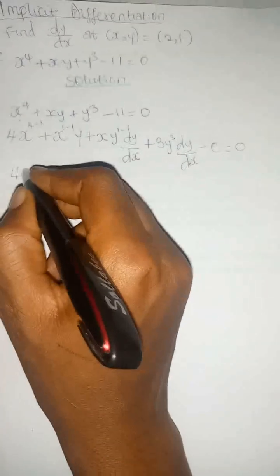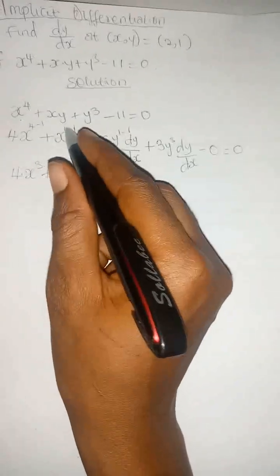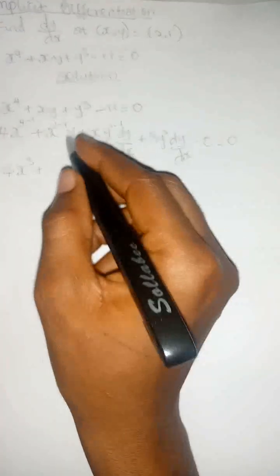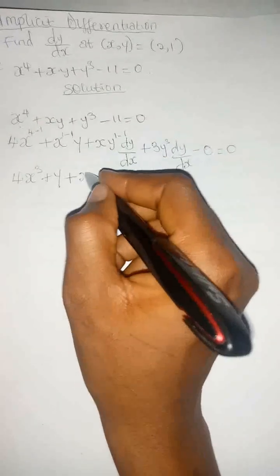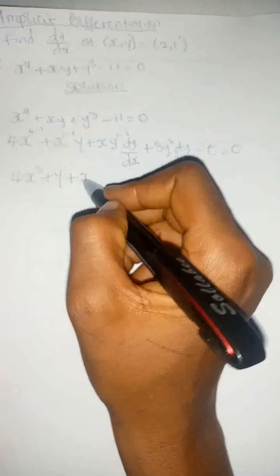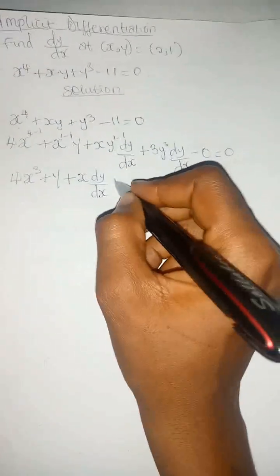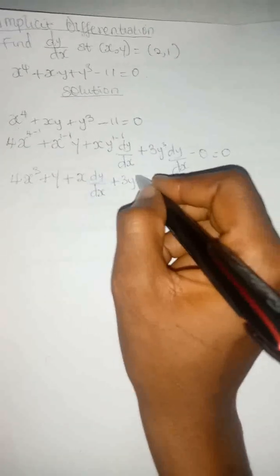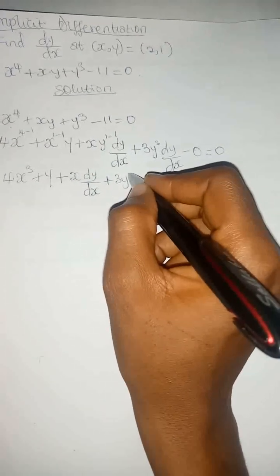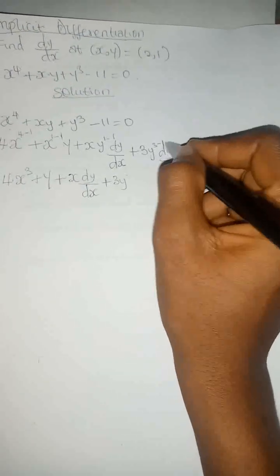Now from here we can have that 4x raised to the power of 3 plus, this is automatically x raised to the power of 0, and x raised to the power of 0 is what? 1. So 1 times y gives us y, plus x, this is y raised to the power of 0. y raised to the power of 0 is 1. x times 1 is x, then x dy dx, then plus 3y, this is 3 minus 1, sorry for that.